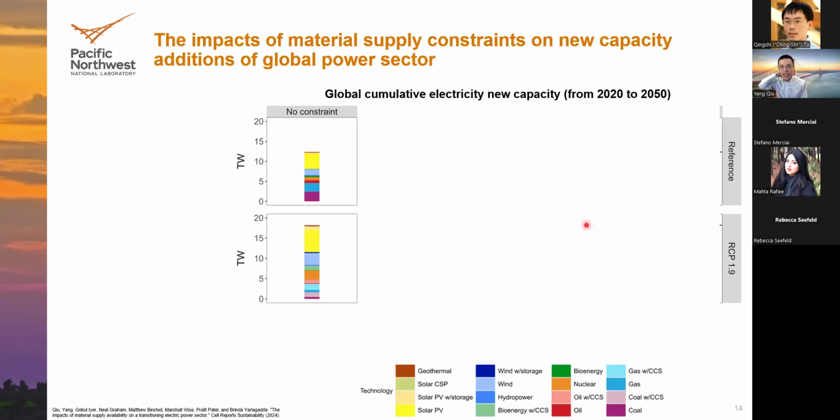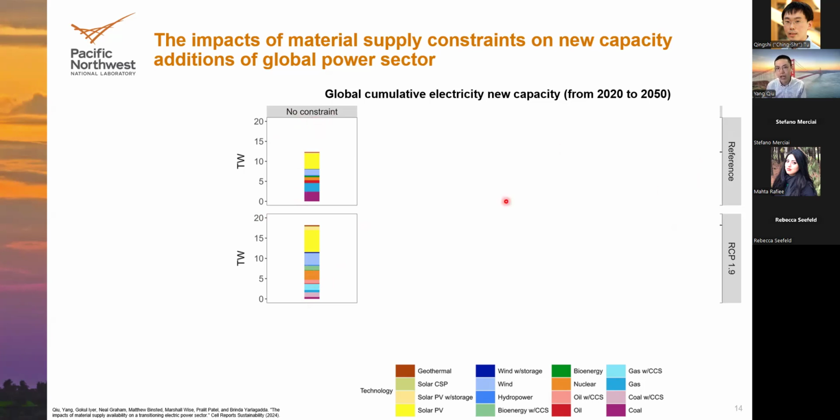Okay, so the next set of results that I'm showing you here is how material supply constraint could affect the future deployment of technology in the power sector. These two panels you are seeing here are the global cumulative electricity new capacity when there is no material supply constraint.